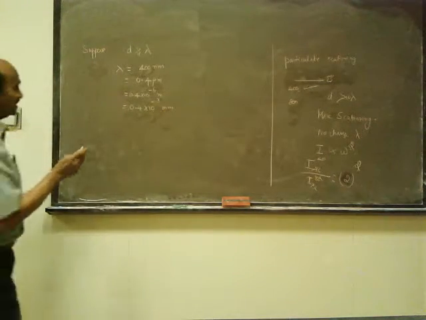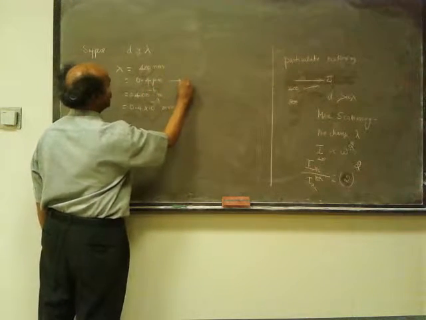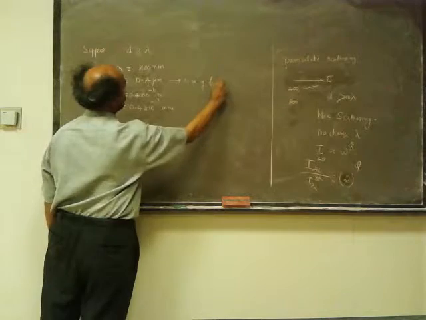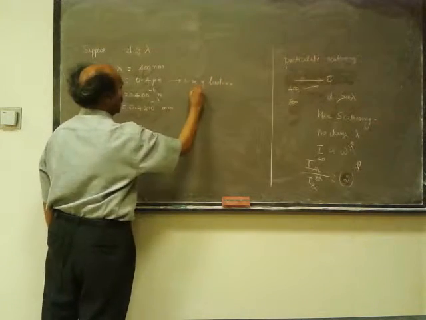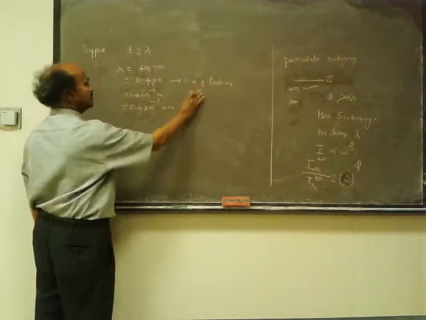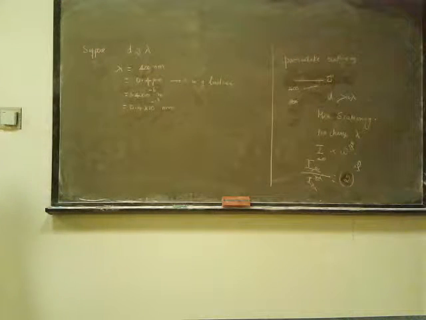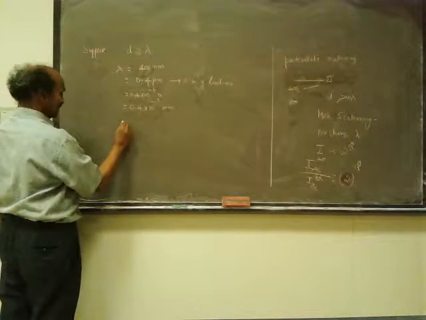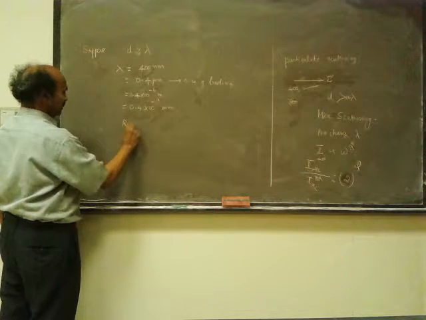Now what is this? This is the size of a bacteria. That means if you allow light on a bacteria or a tiny particle of this size, comparable to the wavelength, under this condition this kind of scattering is called Rayleigh scattering.